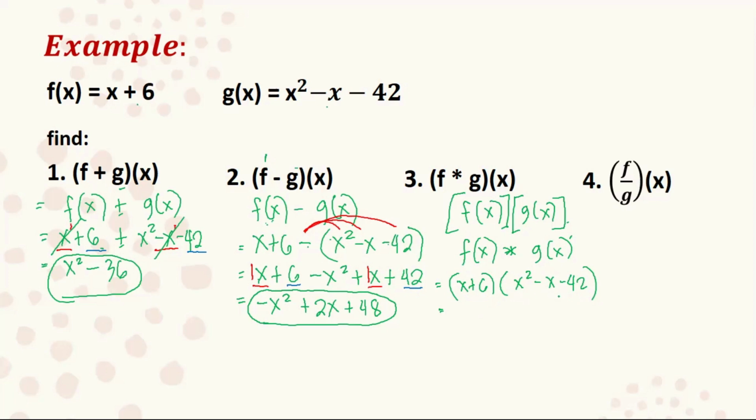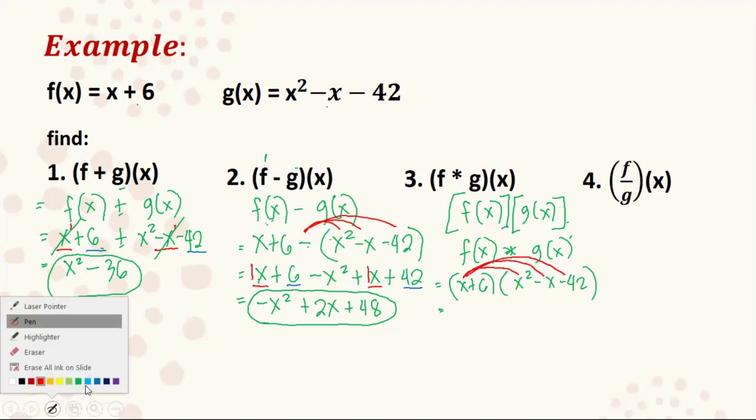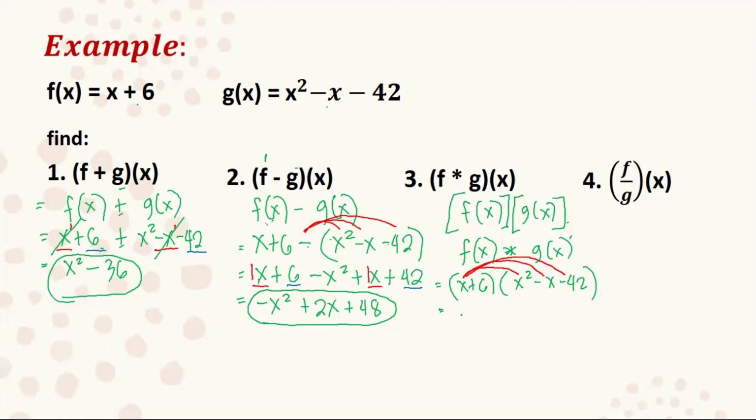Okay? So, in this case, we have to multiply this binomial by this trinomial. So, how do we do that? We first multiply the first term of the binomial to each of the terms of the trinomial. Okay, let's do it. X times x squared. Again, in multiplying two expressions, we add the exponents.